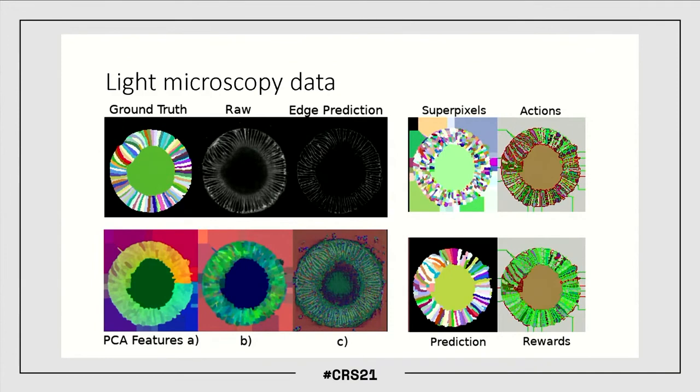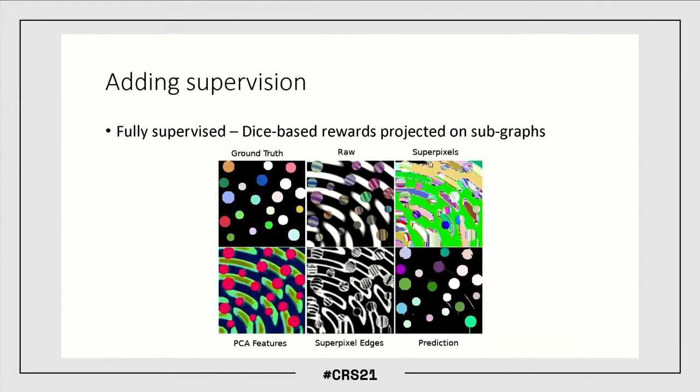So you see that the superpixels are still kind of messy, so it's not a trivial problem at all. And then you can see where the rewards are, and indeed the actions and the rewards together really make it come into this kind of pattern. And then you can also add more supervision. You don't have to have a non-differentiable function.